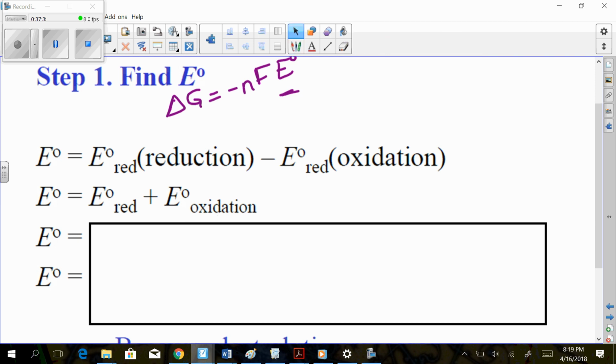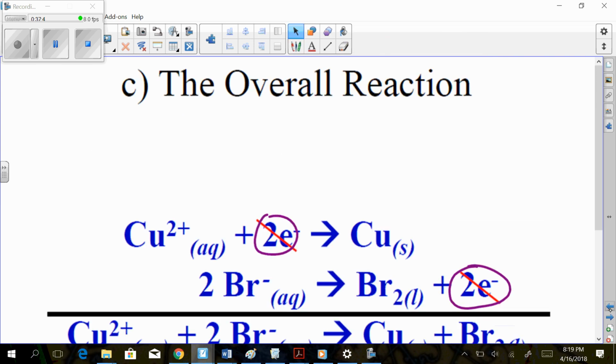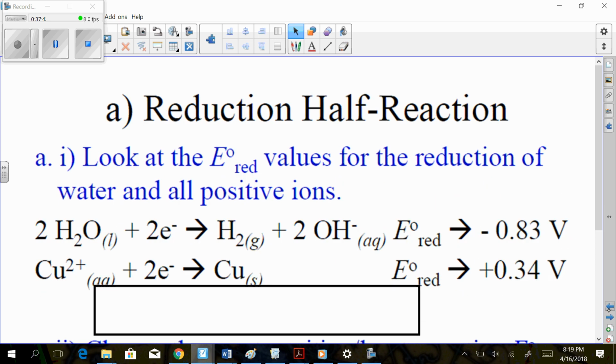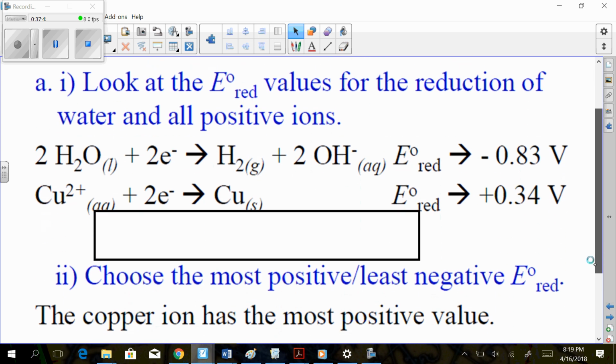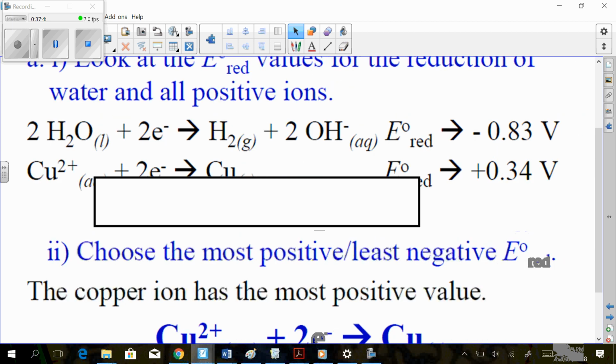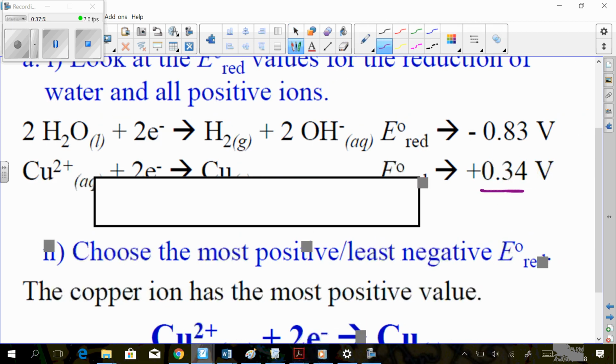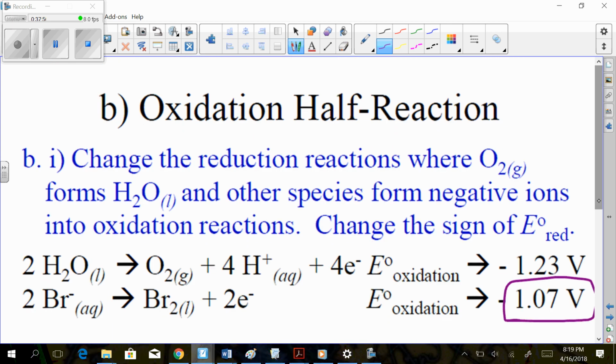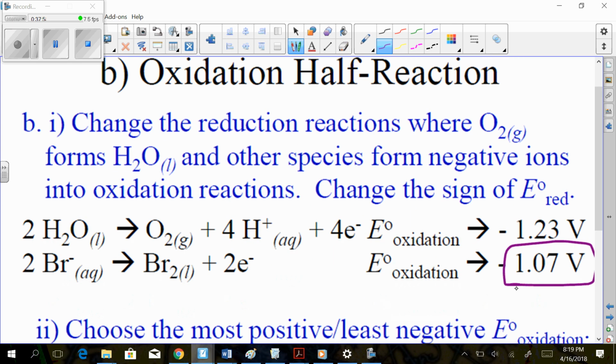When we go back, we had the reduction potential for the reaction that occurs. We said that copper is the reaction that occurs. So the reduction potential is 0.34. The oxidation potential for the one that occurs is negative 1.07 volts.